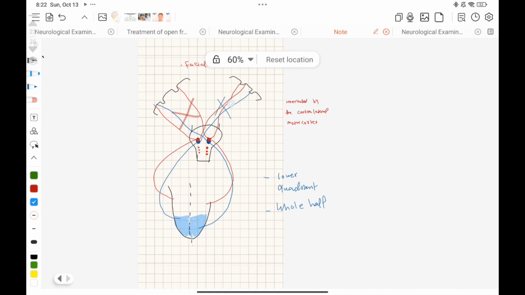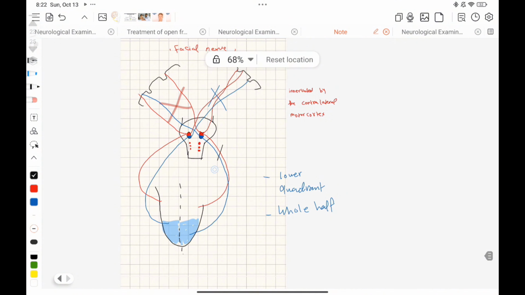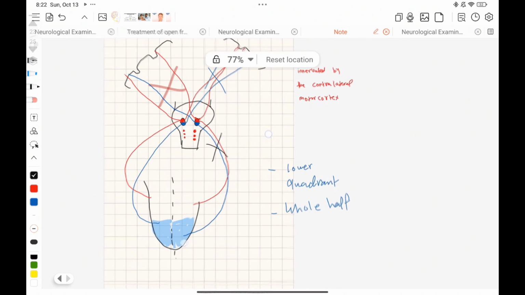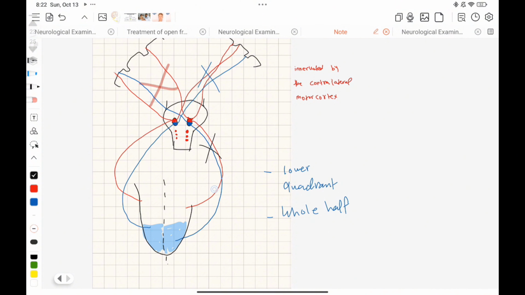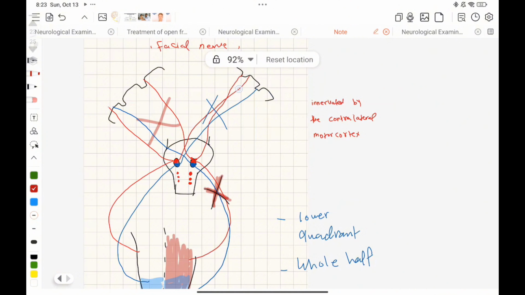So we conclude that if there was an upper motor neuron lesion, the facial palsy will be on the contralateral side of the face, okay? In the contralateral lower quadrant of the face. While if the lesion was here in the lower motor neuron, the facial palsy will be in the whole half of the face, because as we notice here, the nucleus, upper and lower, is supplied from both sides, and there is no innervation from another side.